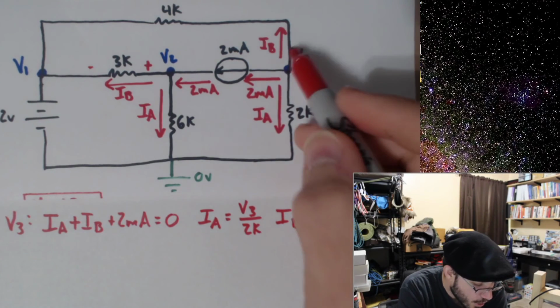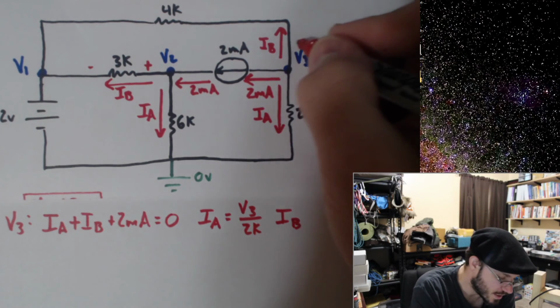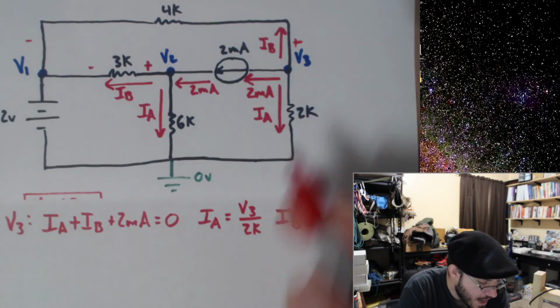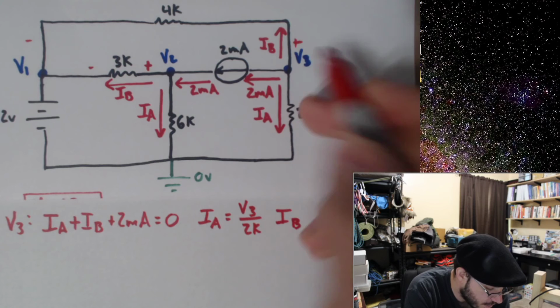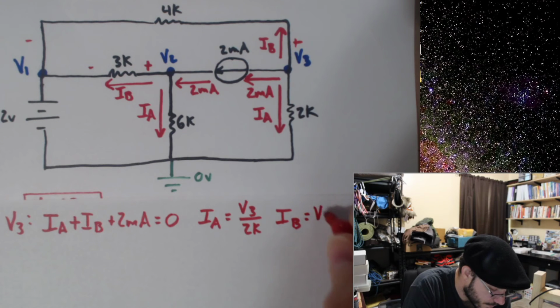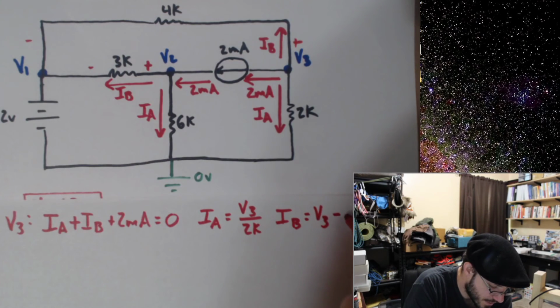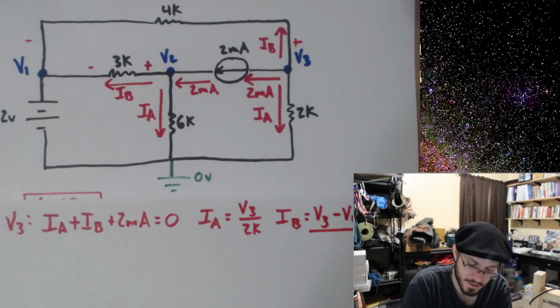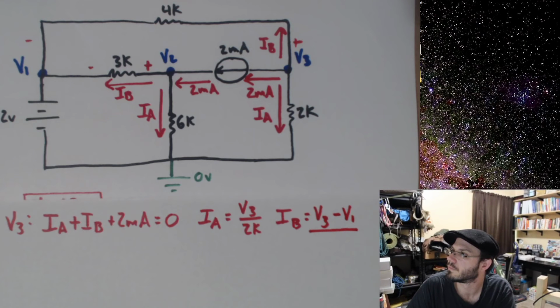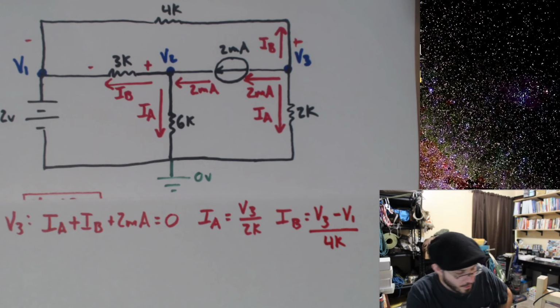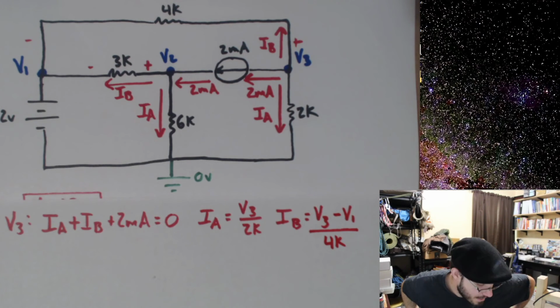So I will say current always goes from a high voltage, positive, to a lower voltage, minus, and now I'll say plus V3 minus V1 divided by 4K. Awesome. Okay, so I have my IA and my IB expressed in terms of resistances and voltages.